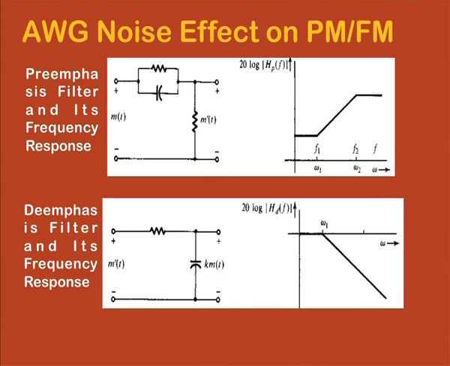In the pre-emphasis circuit, we amplify the higher frequency components of the signal prior to transmission, and then the interference and noise effects are added onto the signal. At the receiver side, we start attenuating the higher frequency components.